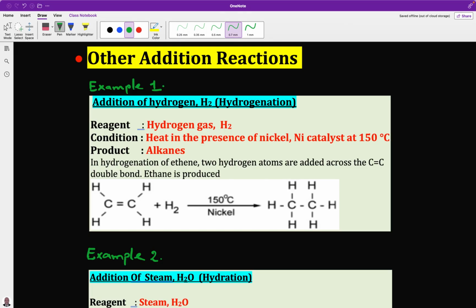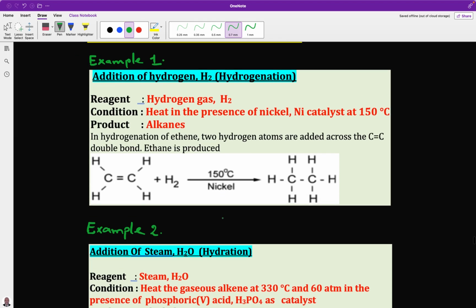An alkane. From an unsaturated compound to a saturated compound. So there's the addition. In the hydrogenation of ethene, two hydrogen atoms are added across the double bond, and an ethane molecule is formed. There it is, 150 degrees Celsius heating. The nickel catalyst is very, very important.